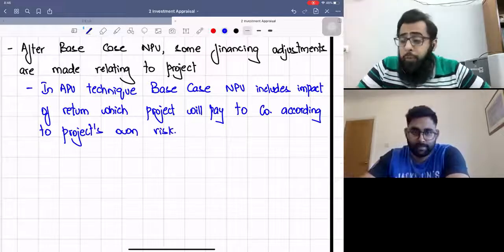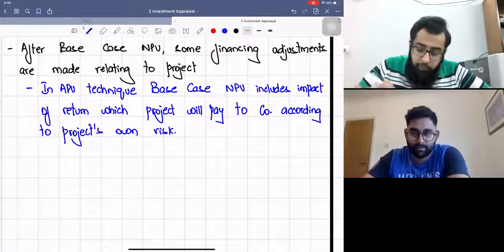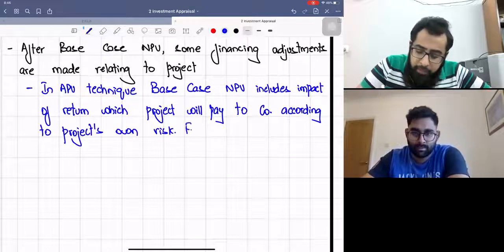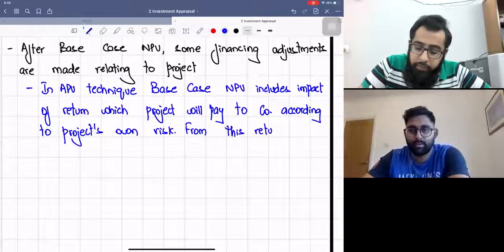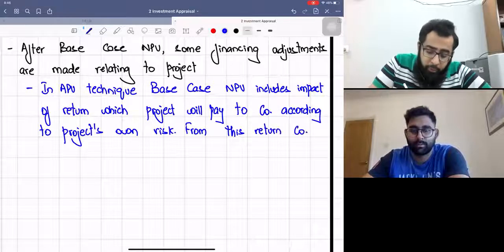From this return, what will the company do? From this return, the company will pay to its financiers.